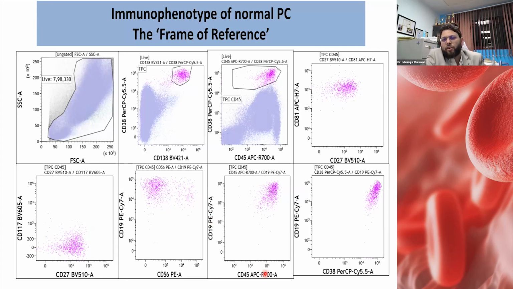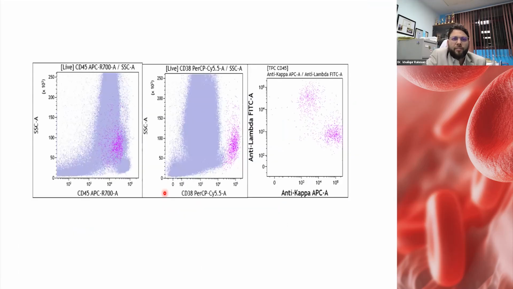Then they are positive for 19 and 38, etc. Fine. So they have slightly higher side scatter similar to that of monocytes, slightly dimmer 45. And then these are polytypic, kappa over here, lambda over here. So there is no clonal restriction. These are polyclonal in terms of light chains. So these are the features of normal plasma cells.